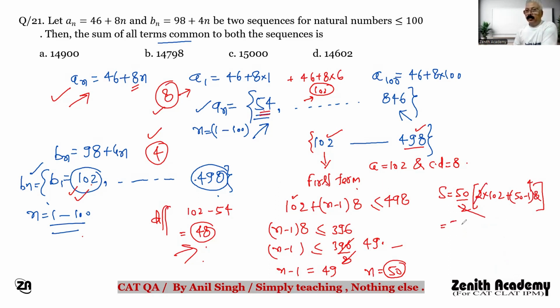So it is 50 times (102 plus 49 into 4). 4 into 49 is 196, 102 plus 196 is 298, into 50. This is 14900.